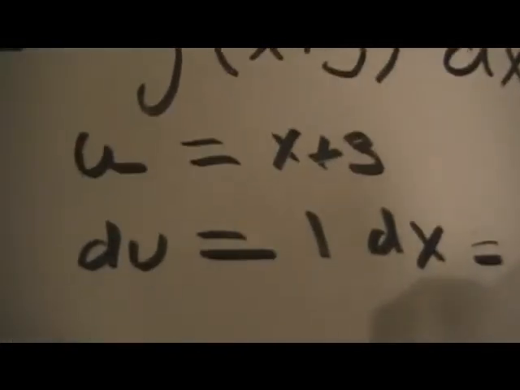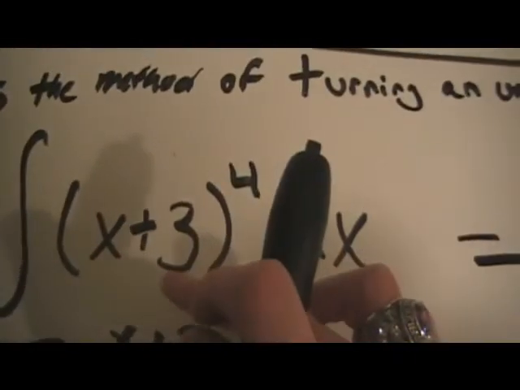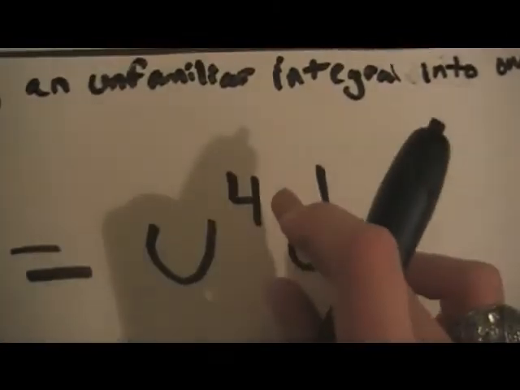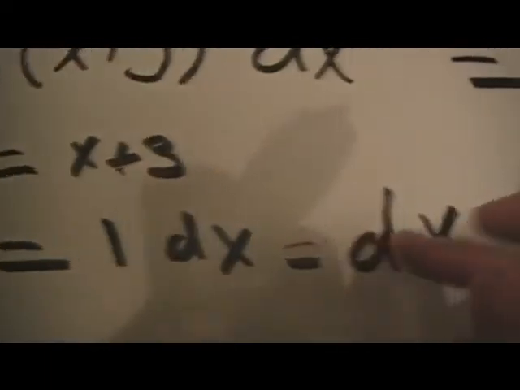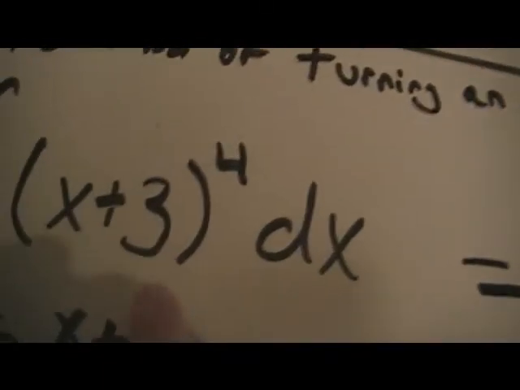This will become, based on these substitution variables we have here, u to the 4th du. We say that u is x plus 3, and it's x plus 3 to the 4th. So we just take u to the 4th, and then du we said was 1 dx, or simply dx. So we replace dx with du, and we replace x plus 3 with u.